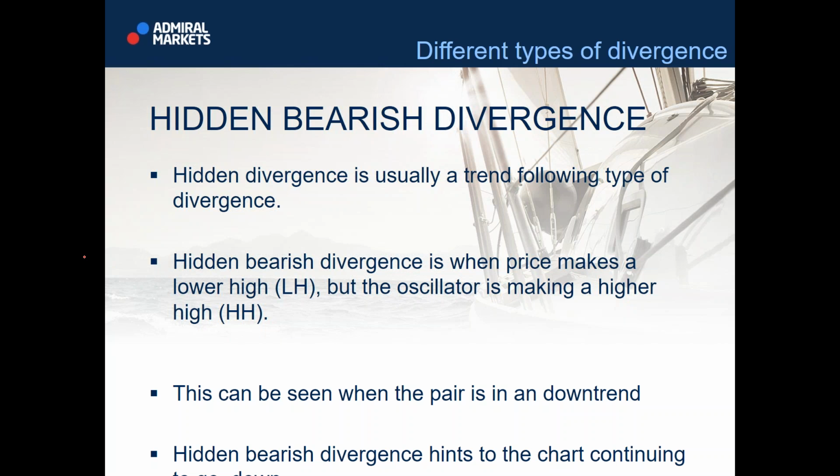If the price is making or has made a lower high, but the oscillator has made or is making a higher high, that will be a hidden bearish divergence. It will give you the hint that the chart will continue in the trend direction.